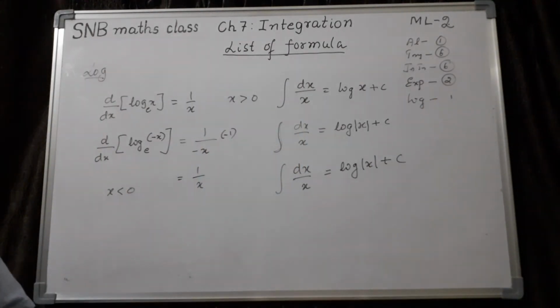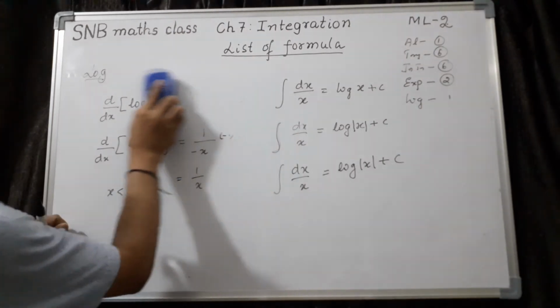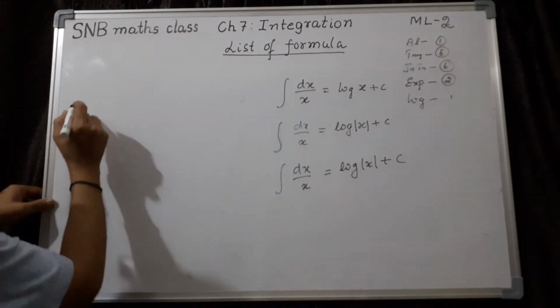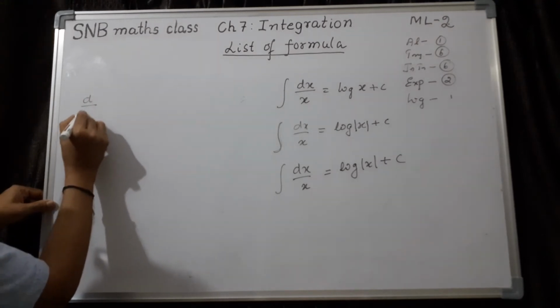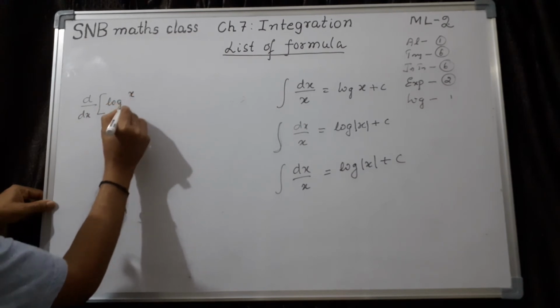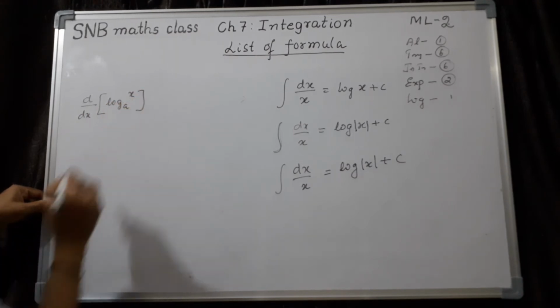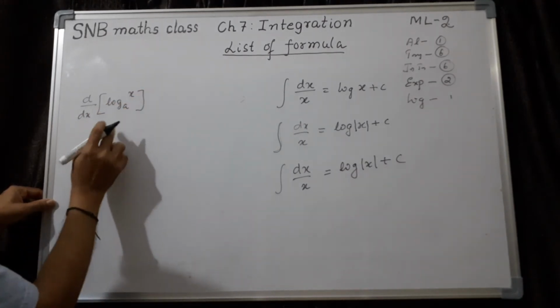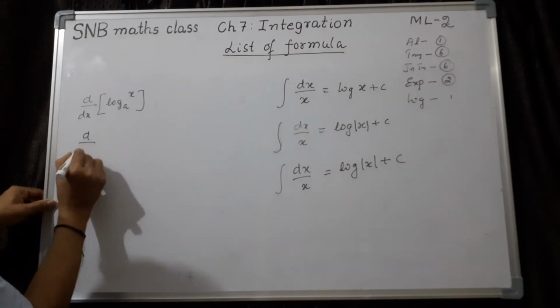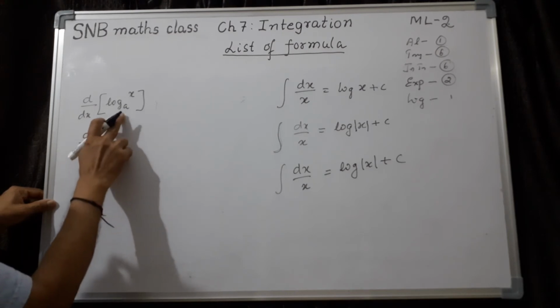But there is one more formula possible, that also I will list. Suppose you have d by dx of log of x to the base a. You know that this can be differentiated like this. We have to change the base.